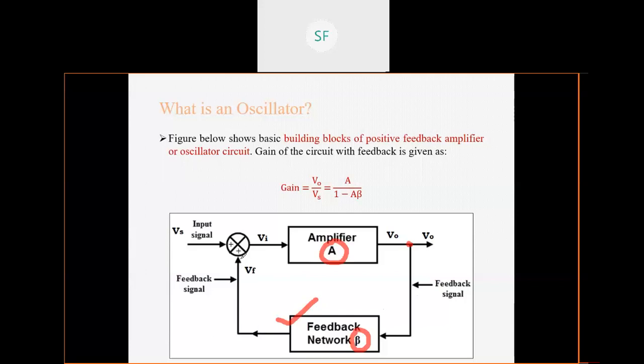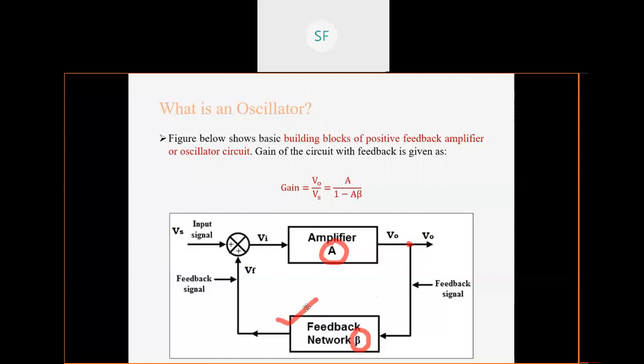This is a plus sign. So some portion of the output is given back to the input by using the feedback network. Since this fraction is positive, it is called positive feedback. If it were negative, it would be called negative feedback.